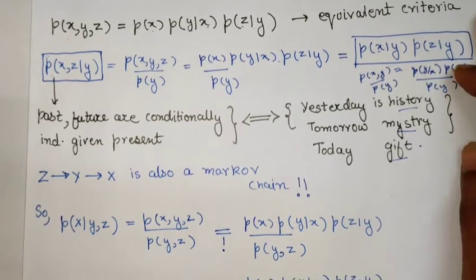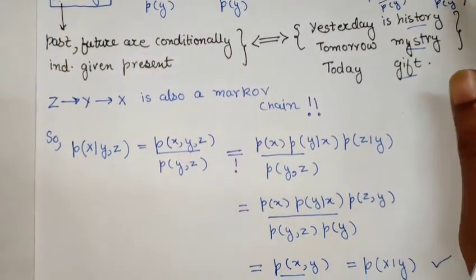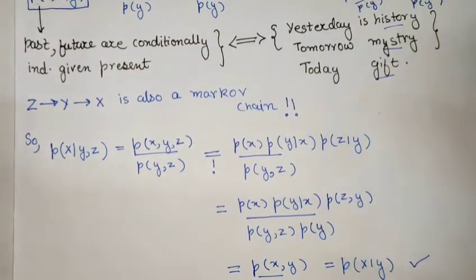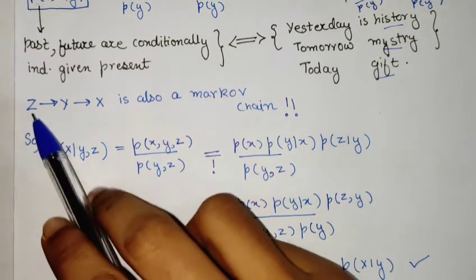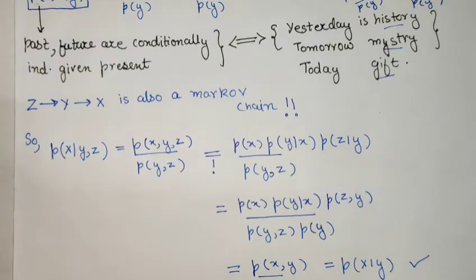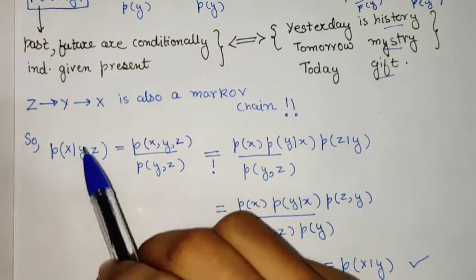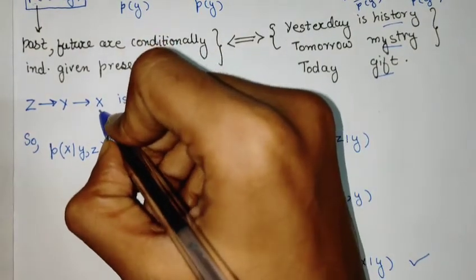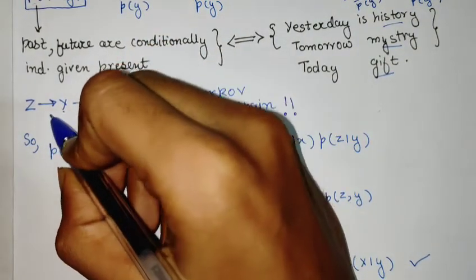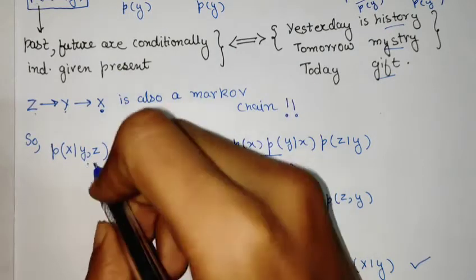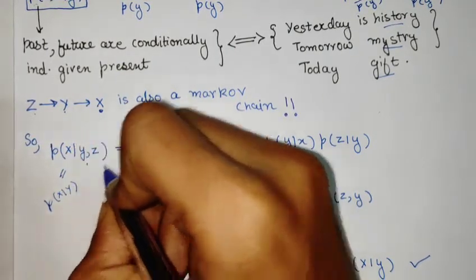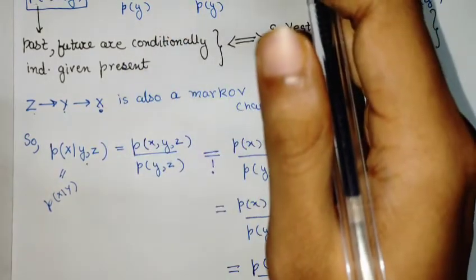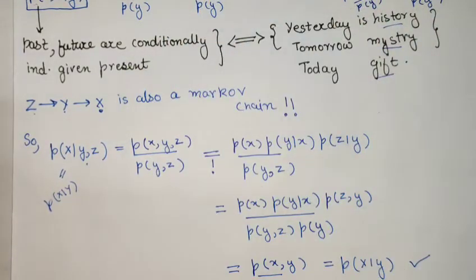Now we move on to one more important property, and that property is the fact that if x, y, z is a Markov chain, z, y, x is also a Markov chain. How do we verify that? We simply verify that the probability of getting x given y and z should finally be probability of getting x given y, because a Markov chain just needs to satisfy the memorylessness criteria.